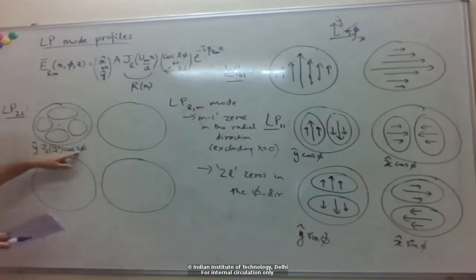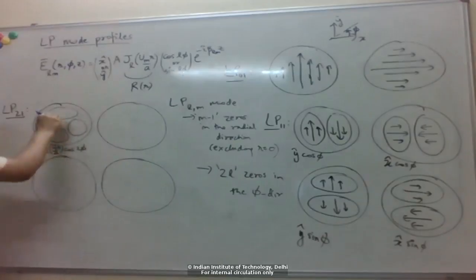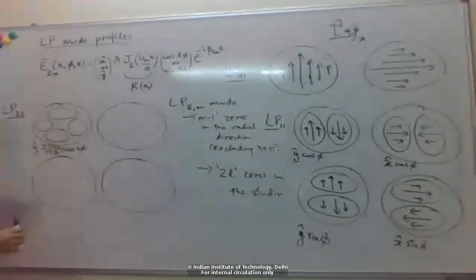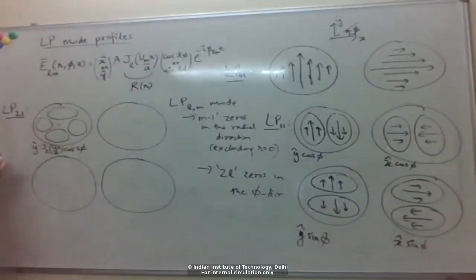Cosine 2 phi means that when phi is pi by 4, that's one zero, and then pi by 2 plus pi by 4. Y polarized means it looks like this. Every time you switch to another blob, the phase flips.